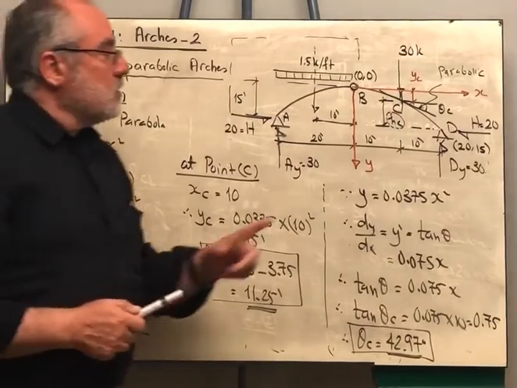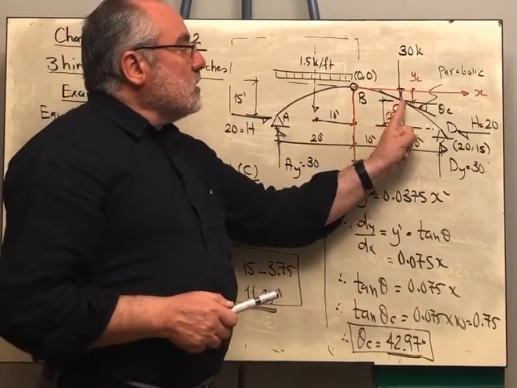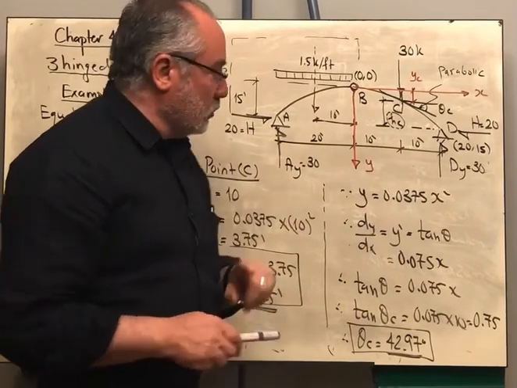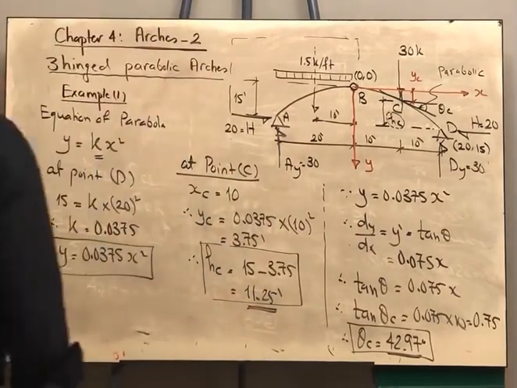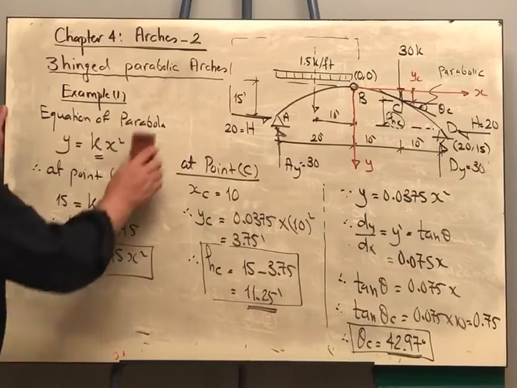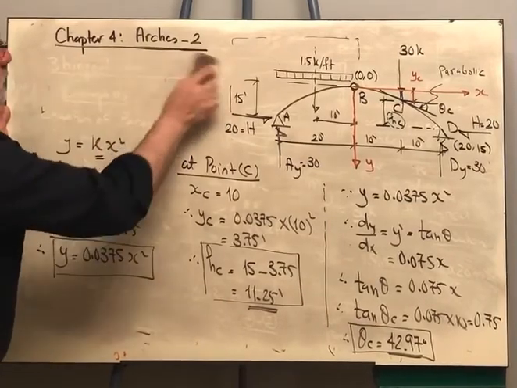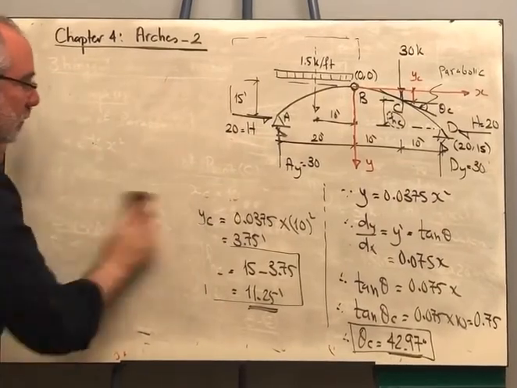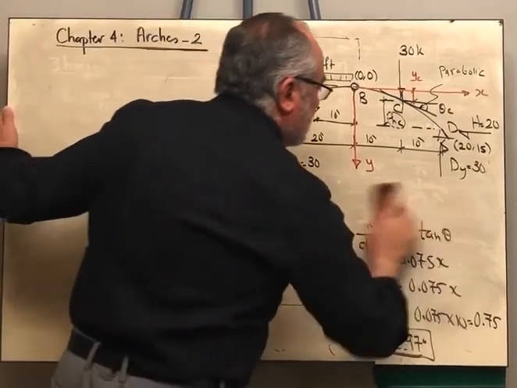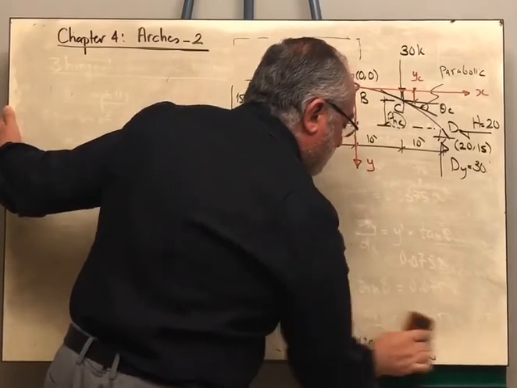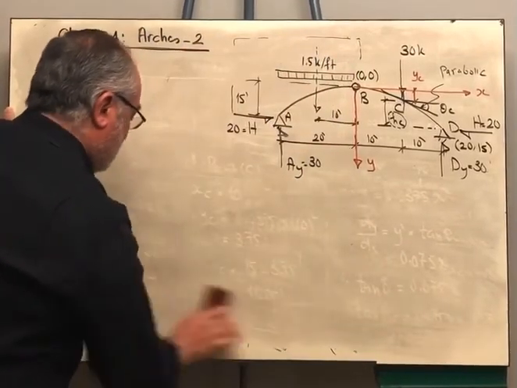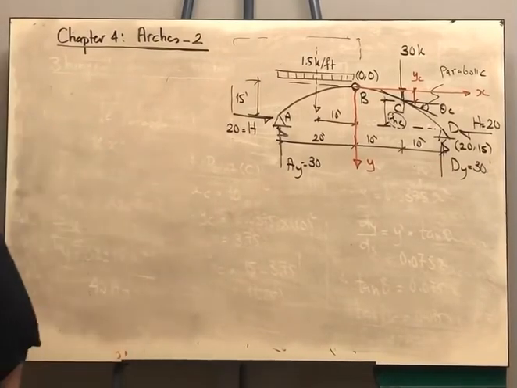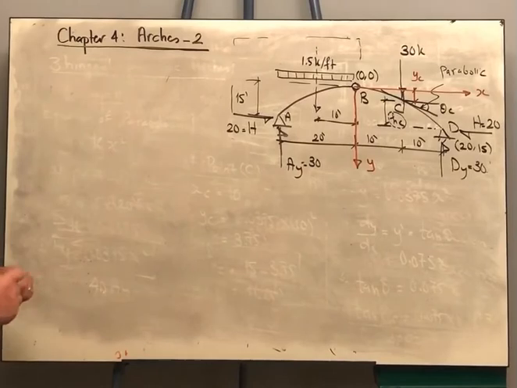He wants to get the moment at this point, the shear and the normal left of the concentrated load and right of the concentrated load. Let me start with the moment.